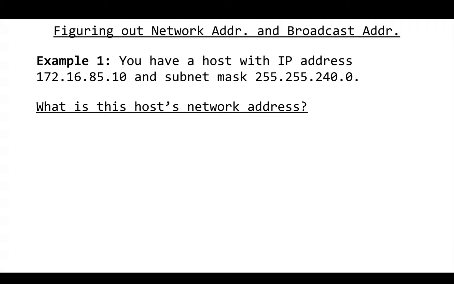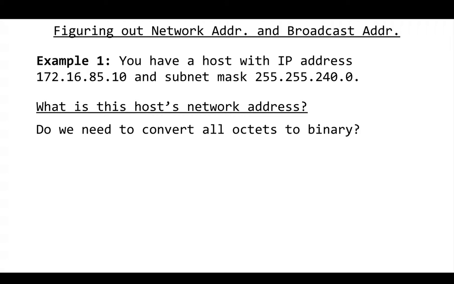Now, one of the first shortcuts we can do is asking the question, do we really need to convert all the octets to binary, do that bitwise, and then convert it back to decimal dotted notation to get the answer? And the answer is no. I would normally ask my students why.